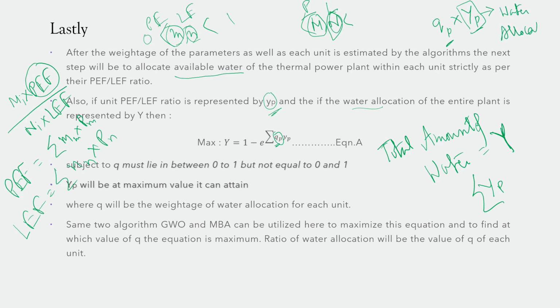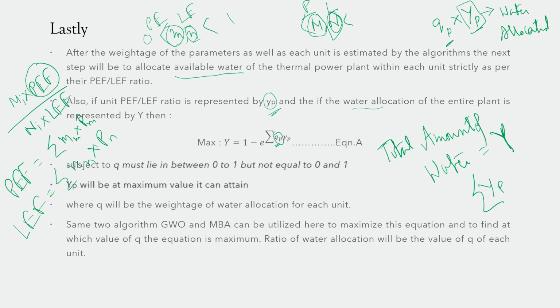Now, how have you allocated the water? Based on the importance you have received in the earlier optimization. The earlier optimization will give the importance of each unit, and accordingly you have allocated the water.